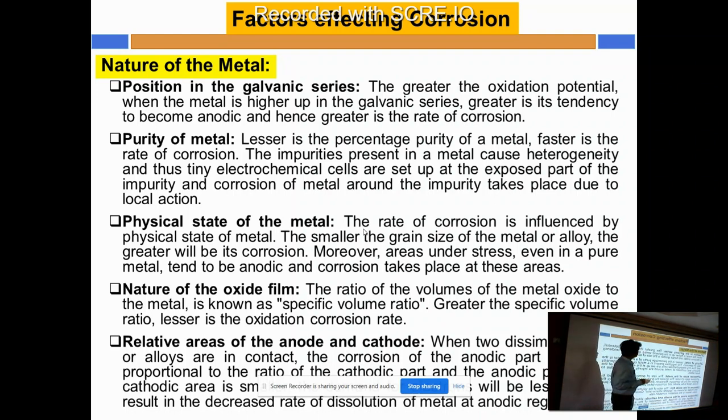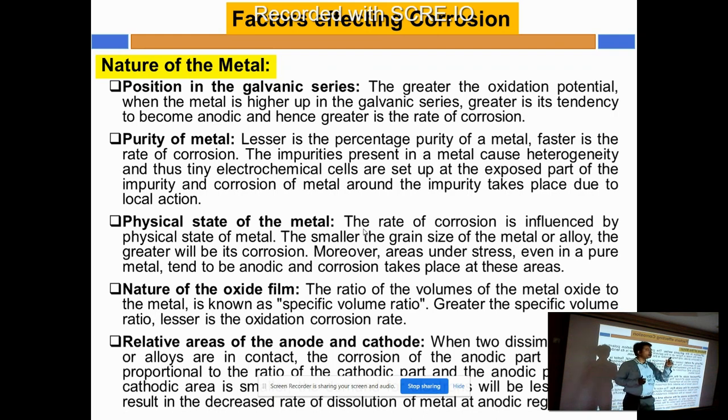So what is the first thing? The first thing is the nature of the metal. Whatever metal we choose in the periodic table, all the metals will not undergo corrosion at a similar rate. True or false? Will all metals in the periodic table undergo corrosion at a similar rate? Definitely not.